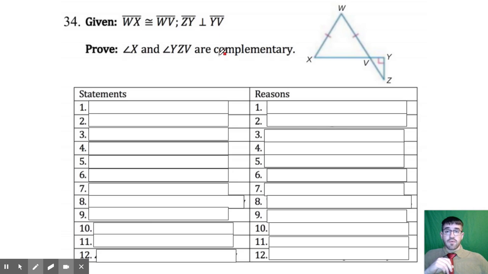First off, what we want to look at is the definition of complementary. It means the measures of these angles are going to have a sum of 90 degrees. So what we're going to prove is that the measure of angle X plus the measure of angle YZV equals 90 degrees.